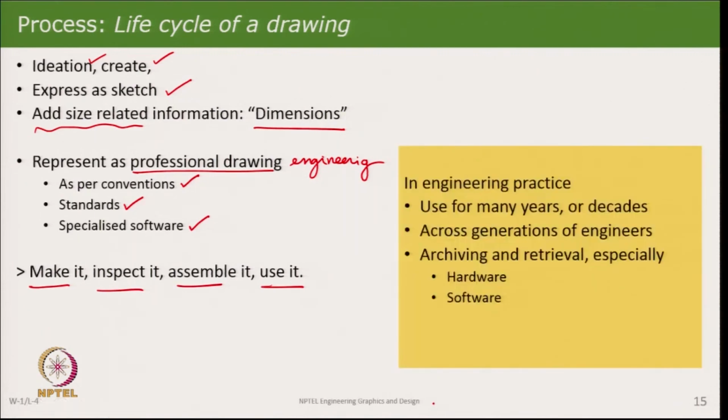But in engineering, a product that is made is used for many years, maybe even many decades. An excellent example is the first jumbo jet, which stopped manufacturing last year. The first plane was designed in the early 1960s.